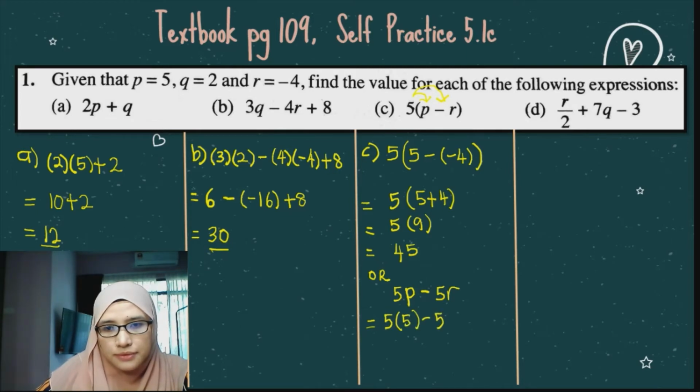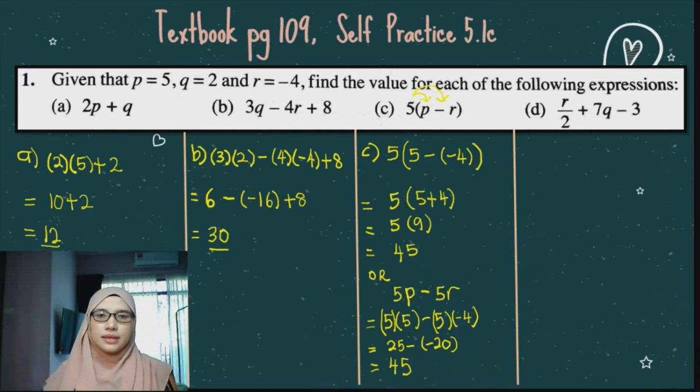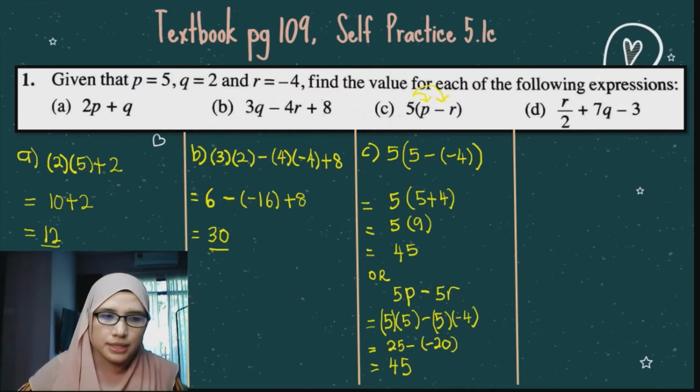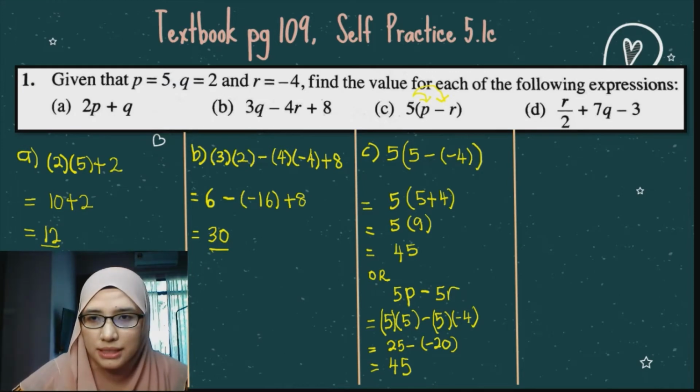P is 5 and R is negative 4. So your 5 times 5 is 25 minus 5 times negative 4 is negative 20. So your answer will be the same, 45. So you can choose either method that you are comfortable with and you are confident with, and master that question and master that skill.